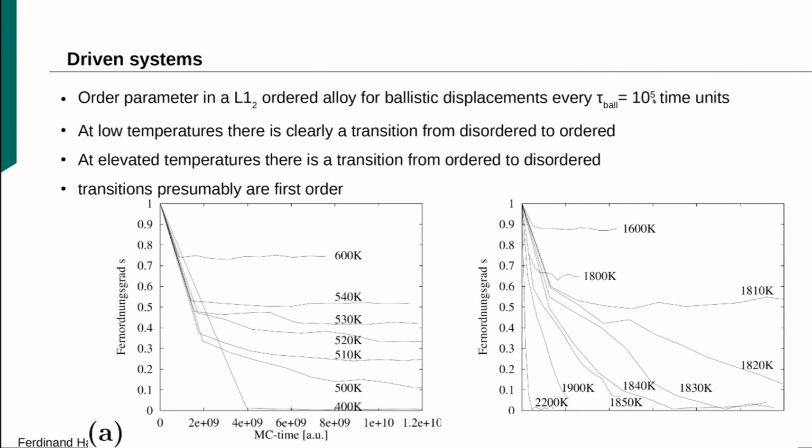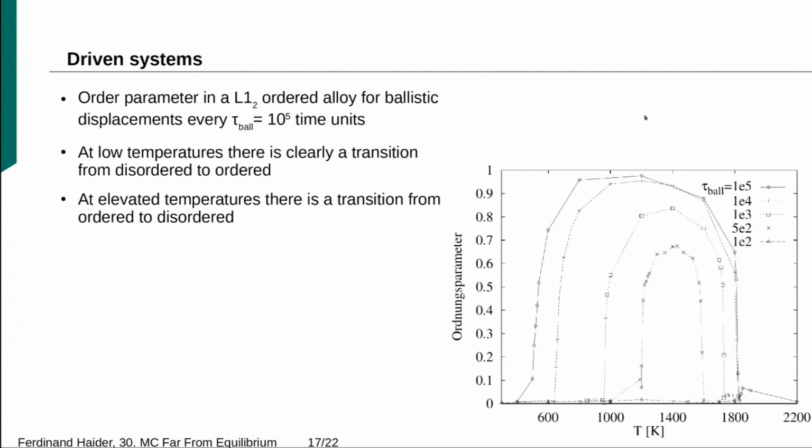This, of course, you can run for different values of this ballistic jump rate, and you can construct a phase diagram for the degree of order as a function of temperature, for different values of this ballistic exchange rate.